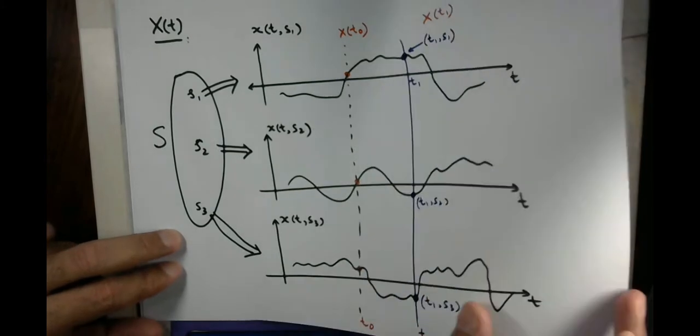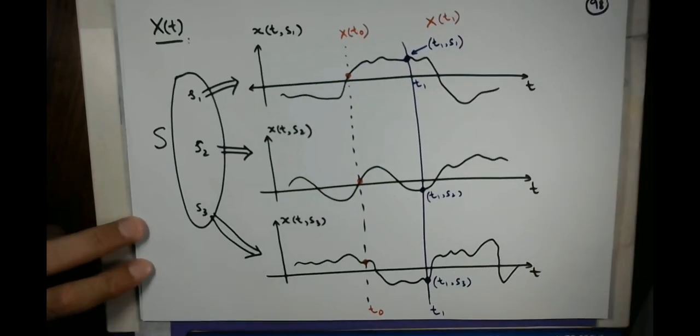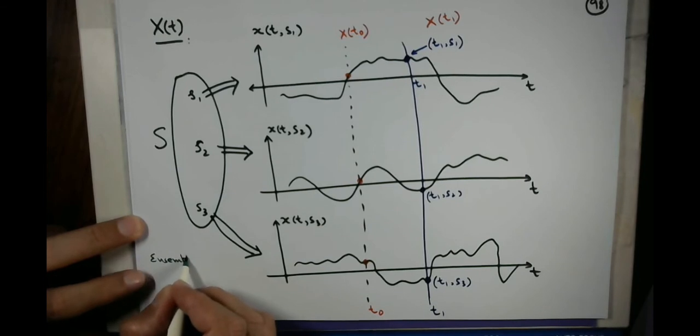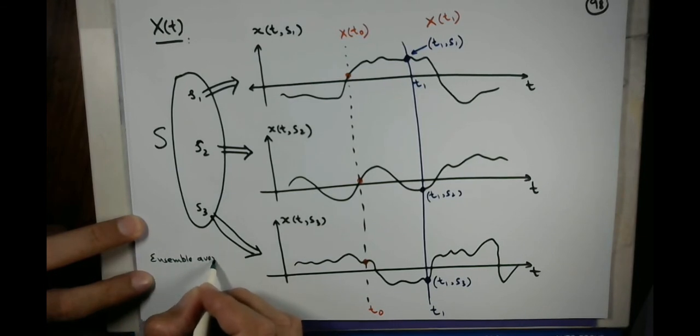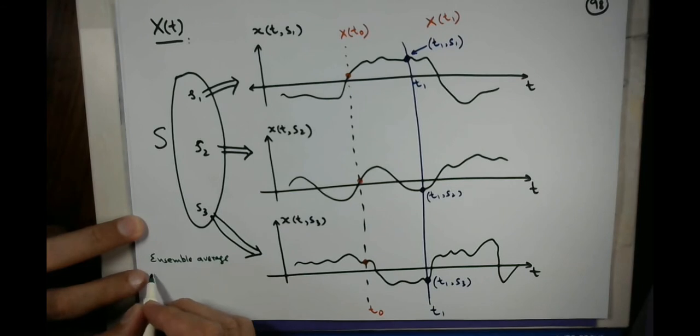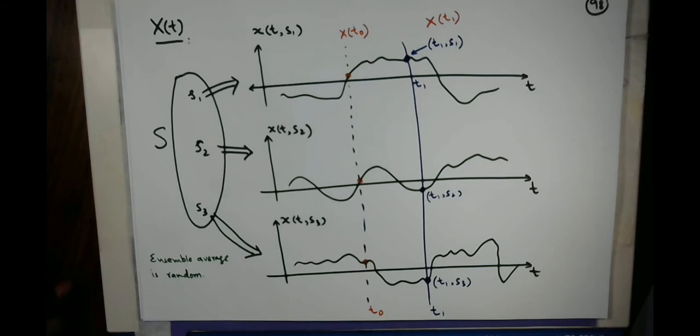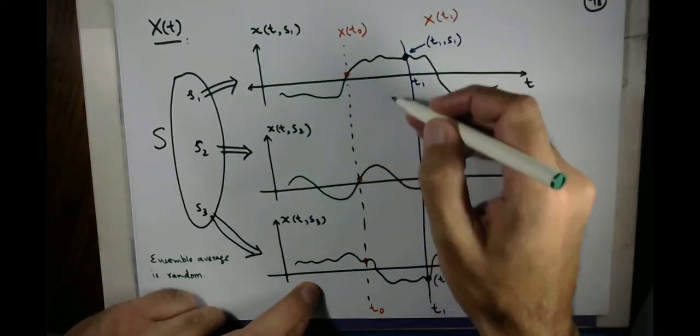So now please note this, that ensemble average is random. Always remember this, because you have obtained the average by utilizing this.